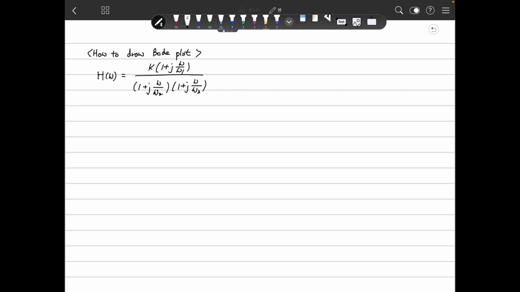We have some assumption: let omega 1 less than omega 2 less than omega 3. And here I will explain how to draw the magnitude of the Bode plot of H.